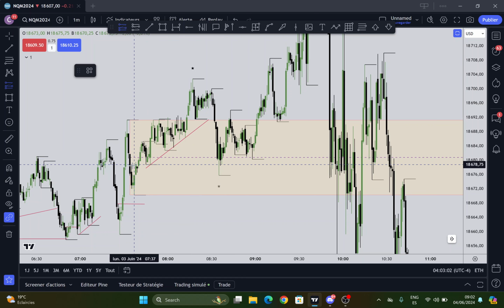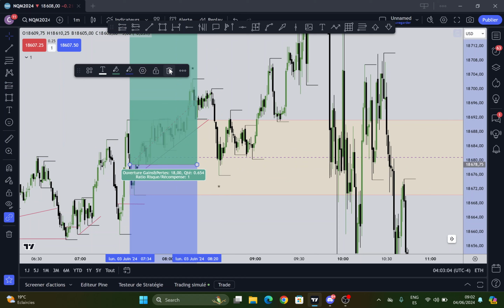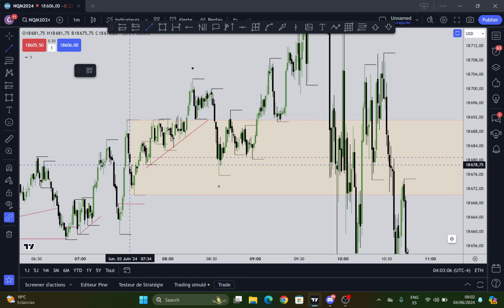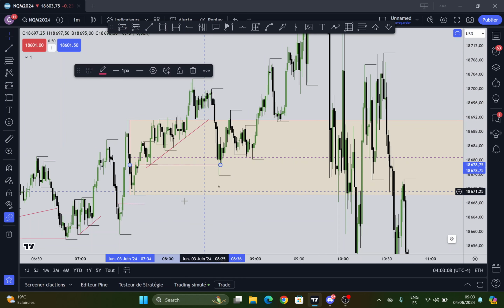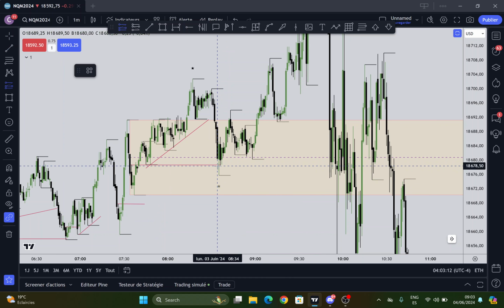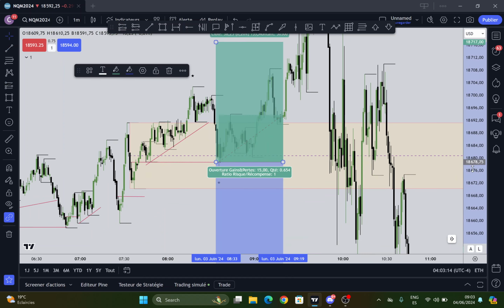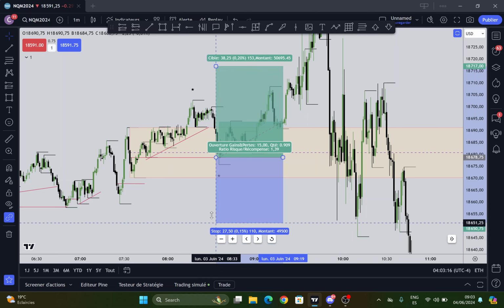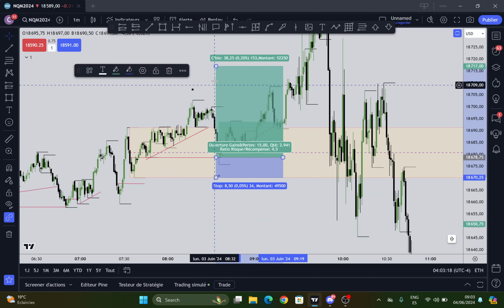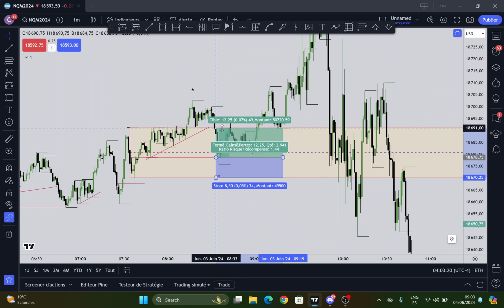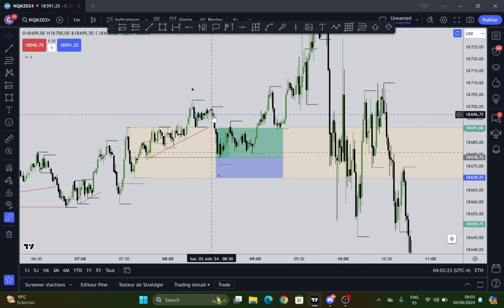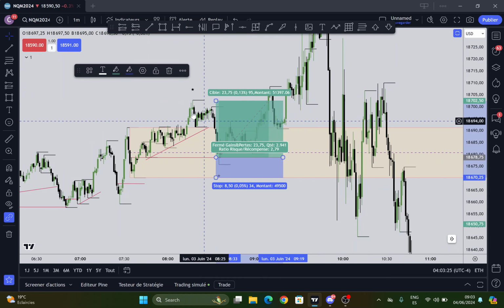With these zones, they usually come back for the origins, here, CSS origin. You can long them aggressively, put the stop under, and take the one-to-one of the zone or target the high.